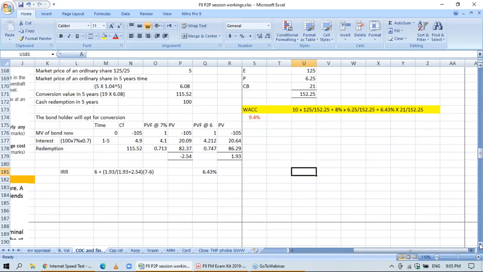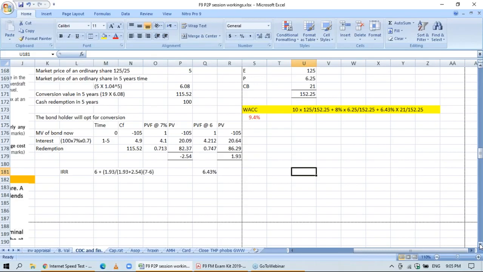Always you have to use the WACC which is after tax, right? So according to M&M theory, you have to take WACC after tax. You can't use it before tax.